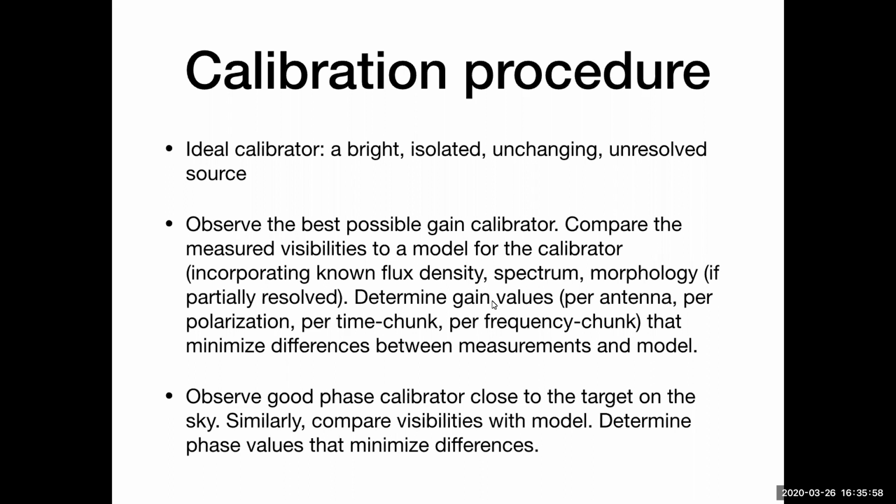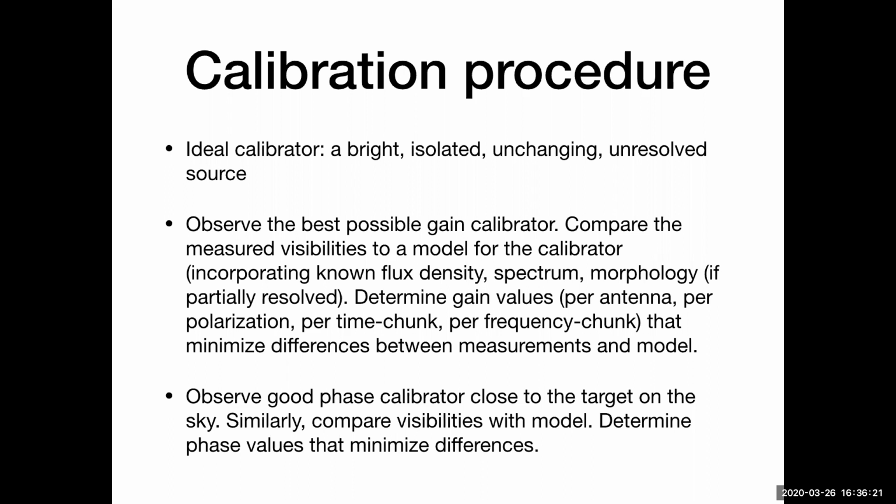And so there's a balancing act between having good signal to noise to get reliable solutions and having the smallest possible intervals for your solutions to capture the most variation in time and frequency. And there's no easy recipe for this either.